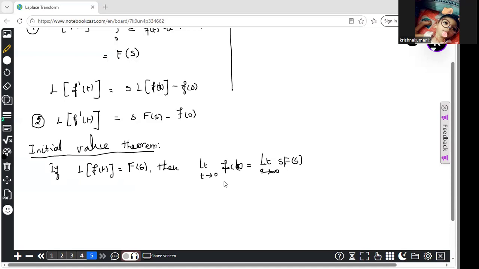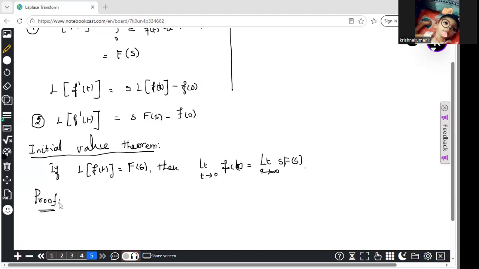This is the statement of the initial value theorem. First we will discuss the proof of this theorem, then problems based on it.